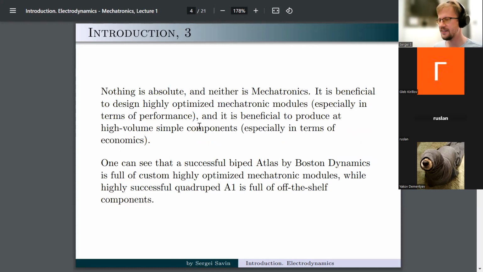Now, this idea of design, why is it good? Let's first answer this question. Well, it is good because you can imagine sometimes during the design process, you may optimize mechanical design in terms of weight, in terms of durability, in terms of friction, other mechanical performance metrics, and you would leave no space for meaningful sensors, for example.